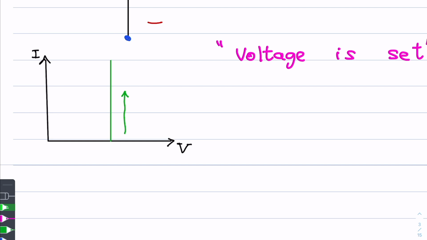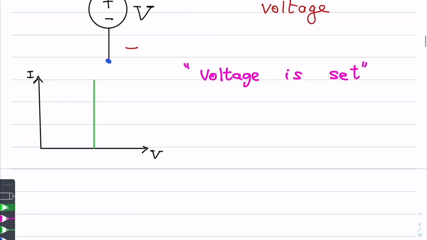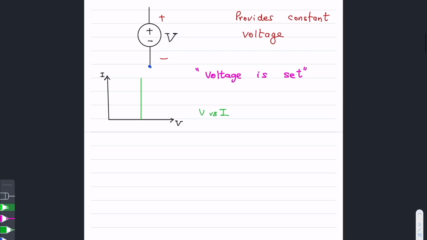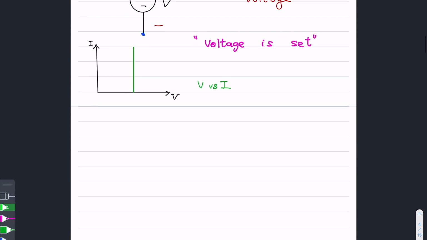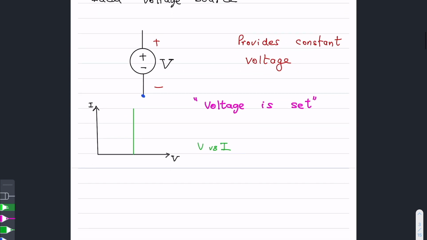Obviously, it's almost impossible to find a real circuit that behaves exactly like this, but the idealized behavior is such that the voltage does not change even when the current is fluctuating or changing drastically. Okay? So that's I versus V, current as a function of voltage. So that's the ideal voltage source.